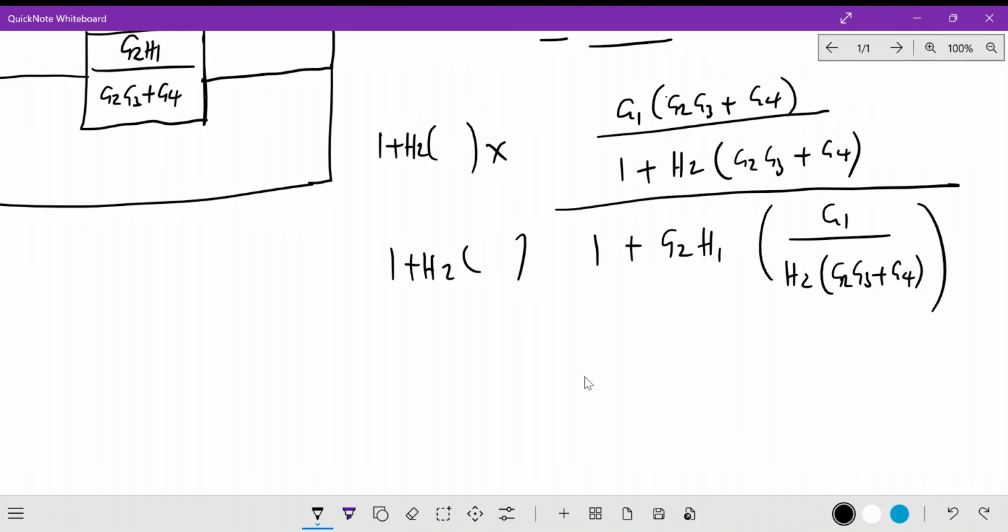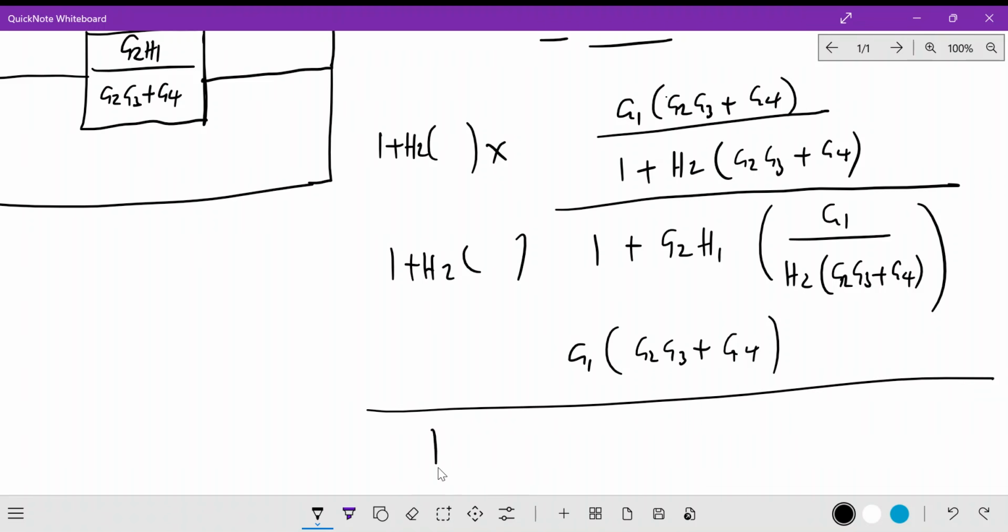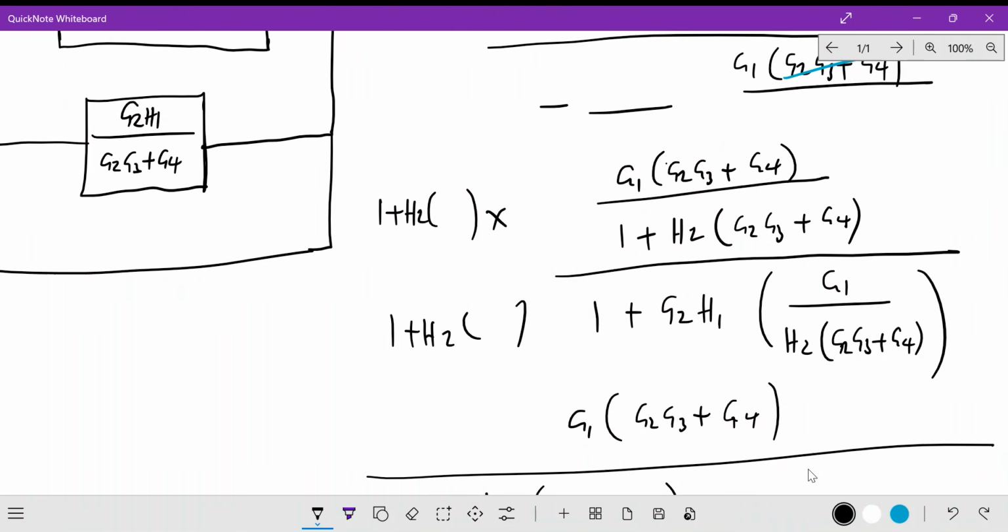So what remains in the numerator is G1 G2 (G3 plus G4), and in the denominator this one multiplied by this, so that would be 1 plus H2 (G3 G2 plus G4), and then plus, on this side, these guys and that guy can cancel out, so what remains is just G1 G2 times H1. Okay, so this is the simplification of that block, the negative feedback.